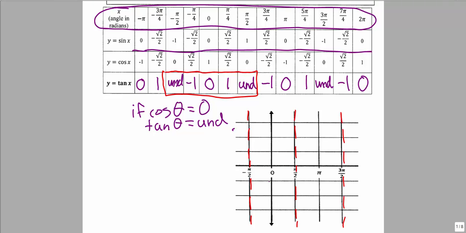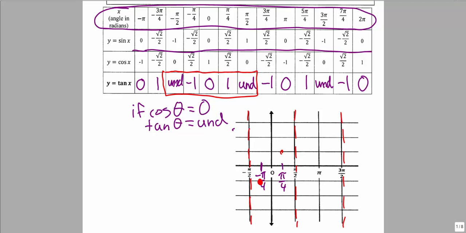And focusing on what happens between asymptotes, from minus pi over 2 to pi over 2, we have negative pi over 4, that's one of the midpoints. Positive pi over 4 is also one of the midpoints, and also 0. So from undefined to undefined, we have 3 points that we want to keep track of. At minus pi over 4, tangent is negative 1.